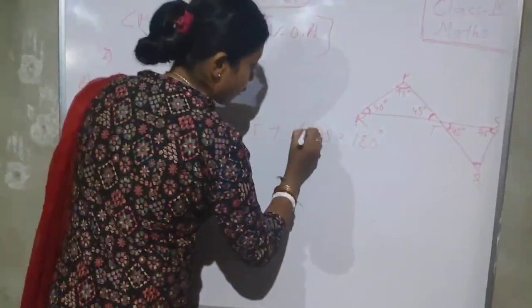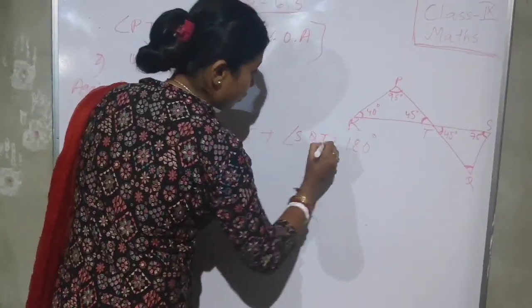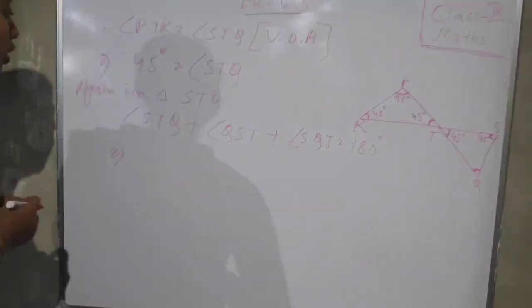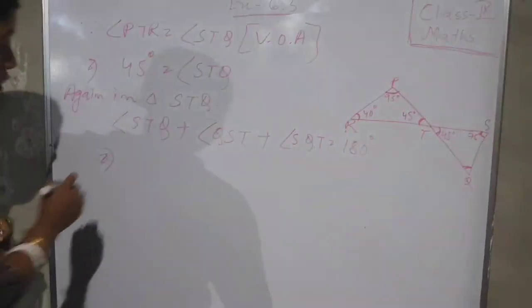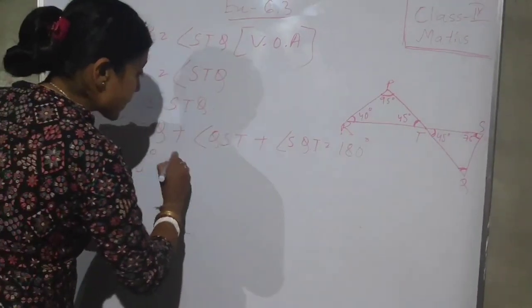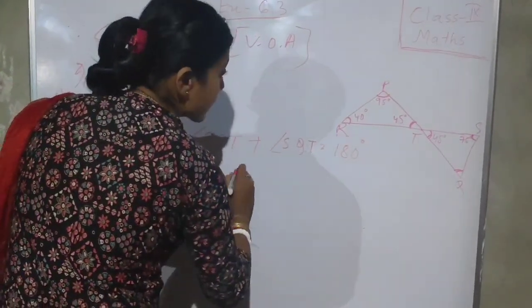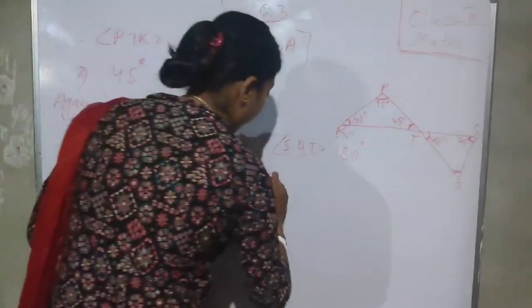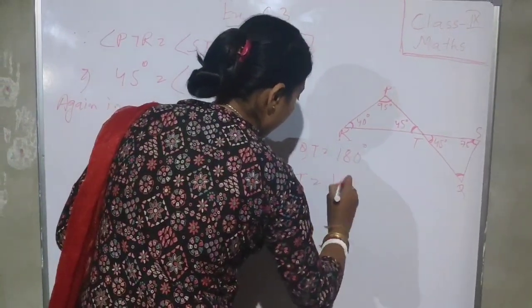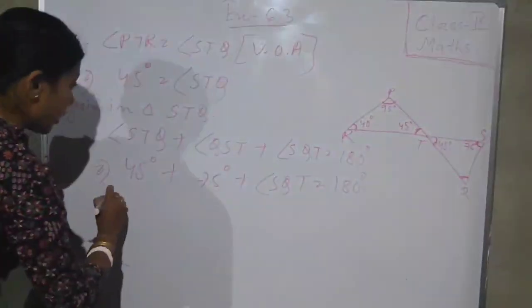We have to find SQT, so write SQT. STQ is 45 degrees plus QST is 75 degrees plus SQT, which we have to find, equal to 180 degrees.